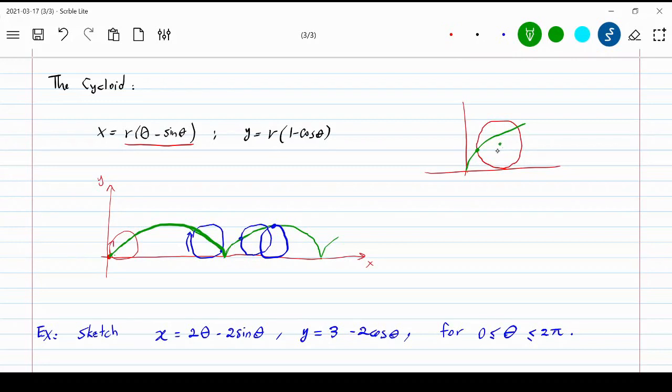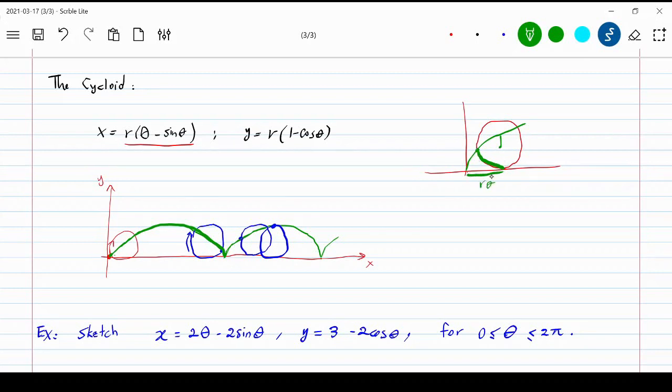This is the center. What you notice is that this length of the curve corresponds to exactly how much movement you have made.